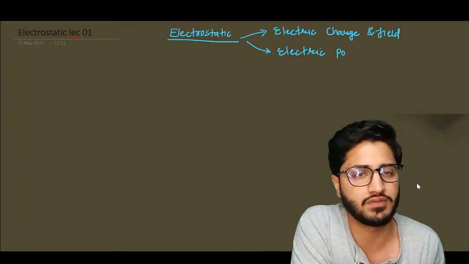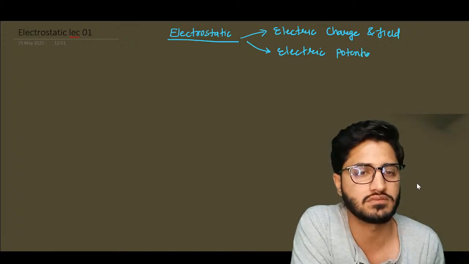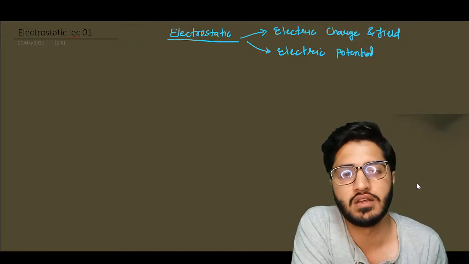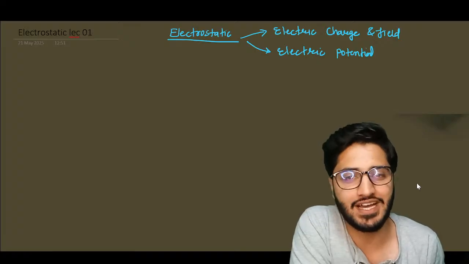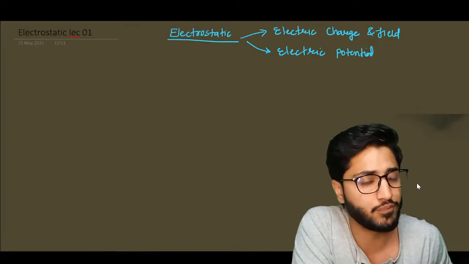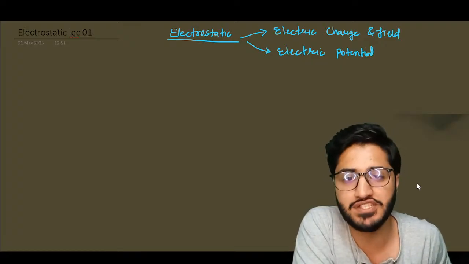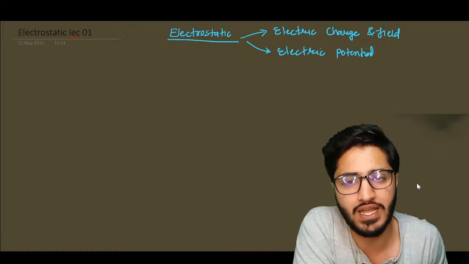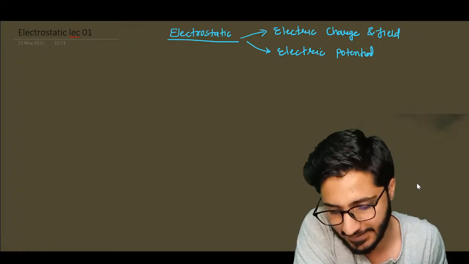As per the NCERT, we will be having two names: electric charges and fields, and electric potential. But I'm teaching here as per your complete examination, that's why I'm just calling it electrostatic.